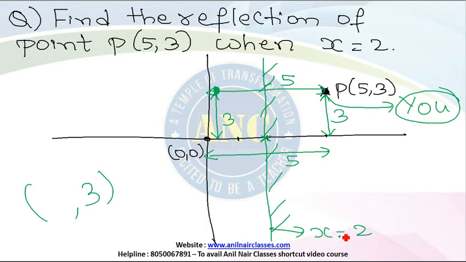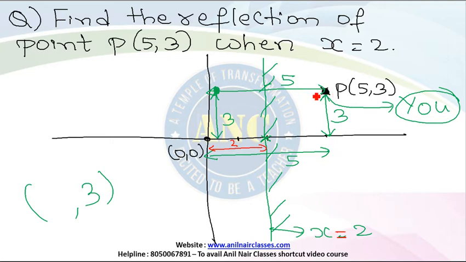This is x is equal to 2. X is equal to 2 means, can I say that from here to here there is a distance of 2 units, right? That means this entire distance, can I say like this? Think a little logically.